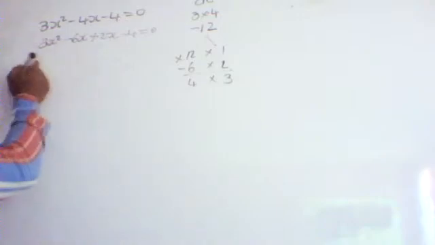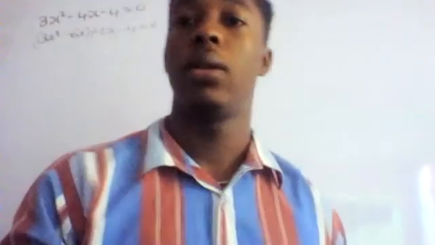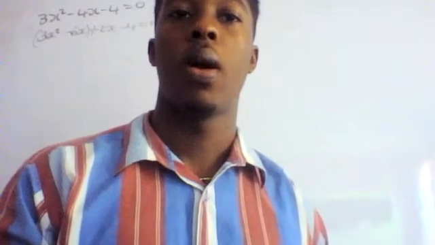All right? Now, let's go again. We're going to factorize. What can we factor from this? Come on, let's go. All right, hold on. Francis, what can we factor from this? What's the highest common factor of 3x squared minus 6x?